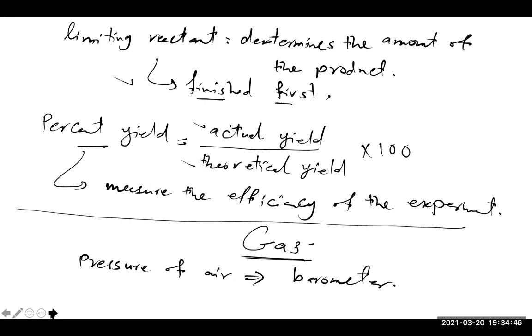Now we have different laws for the relationship between pressure, temperature, and volume for any gas. We have three laws actually. The first one is Boyle's law, and Boyle's law is the relation between pressure and volume, and this is an inverse relationship.